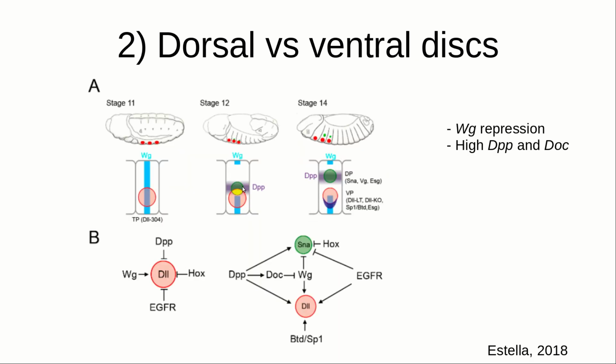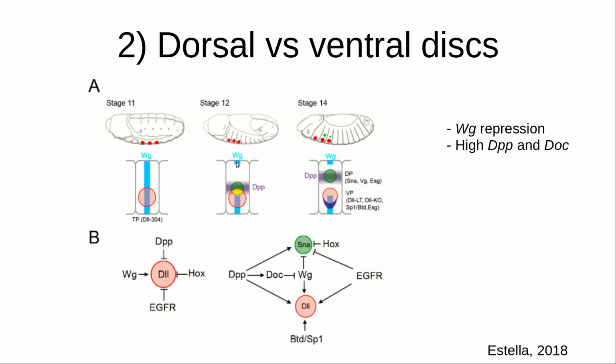At this stage, DPP is expressed in a horizontal band here, and DPP activates the identity of the dorsal primordia by activating genes such as snail, and at a mid concentration, DPP activates the identity of the ventral primordia by activating genes such as Distal-less.